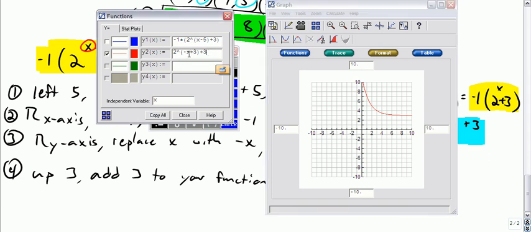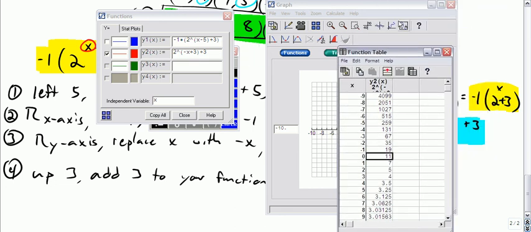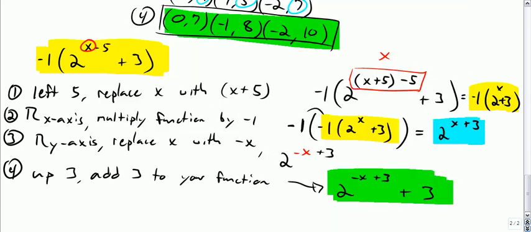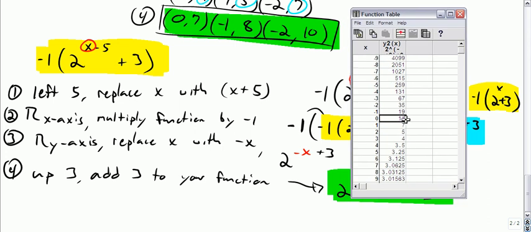Well, it looks like I've got it typed in here correctly. I'll double check my table. 0, 7. Oh, I got 0, 11.